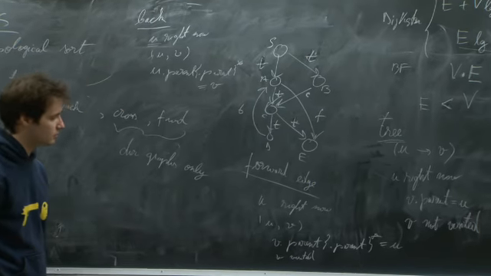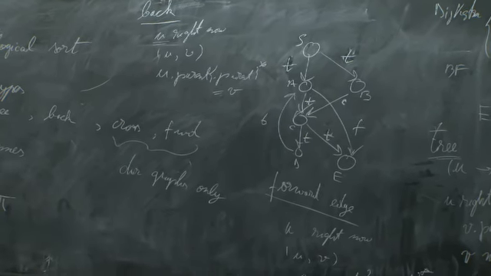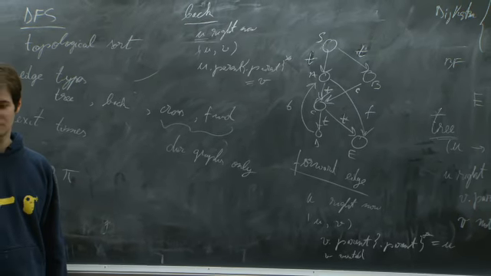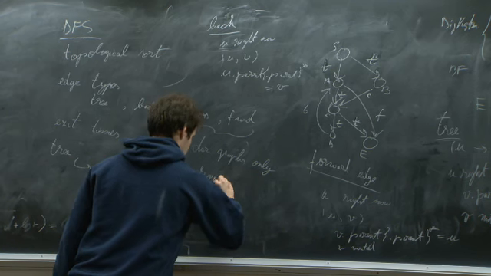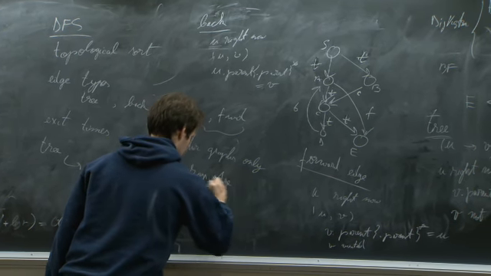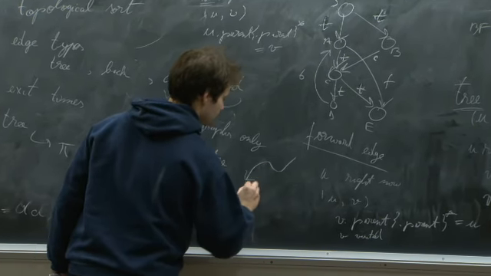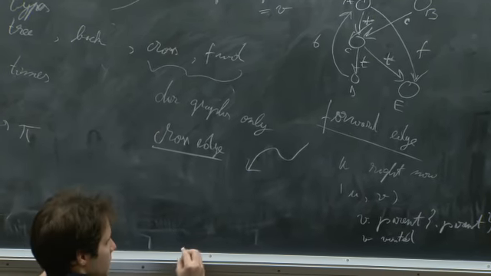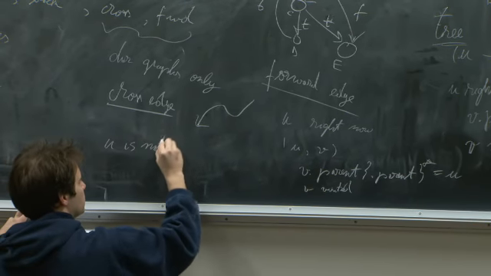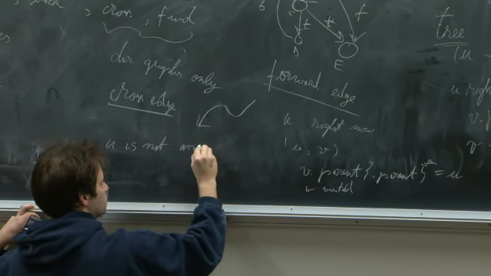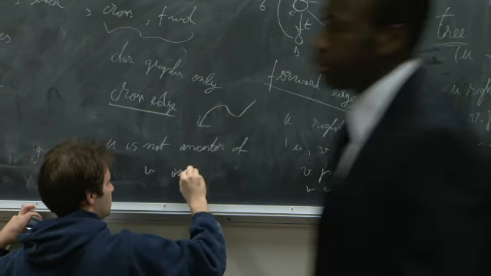So what's the difference between a cross edge and a forward edge? It's visited, but it's not an ancestor. The ancestor goes up to S. So a cross edge is very close to a forward edge, except U is not an ancestor of V in the DFS tree.